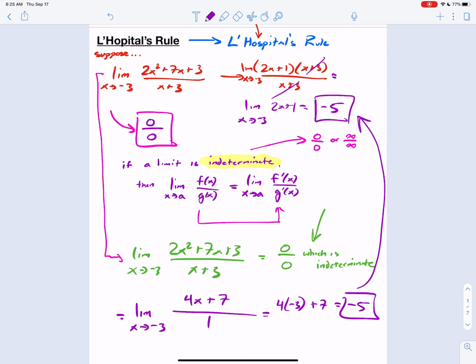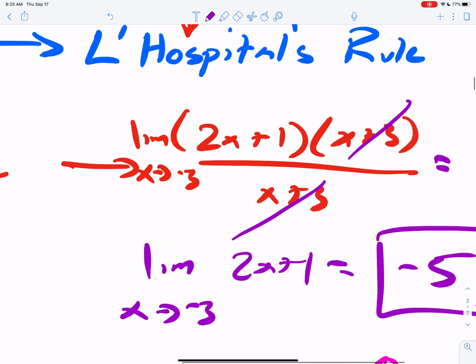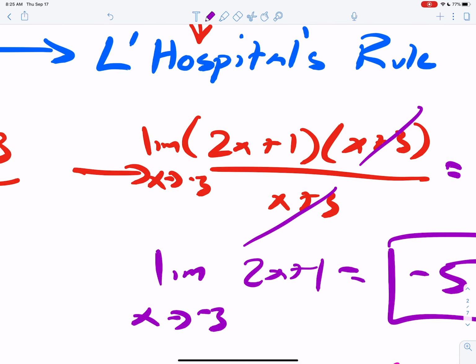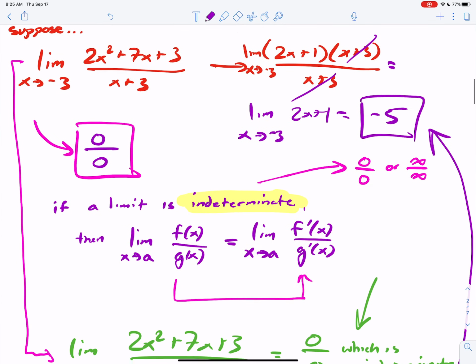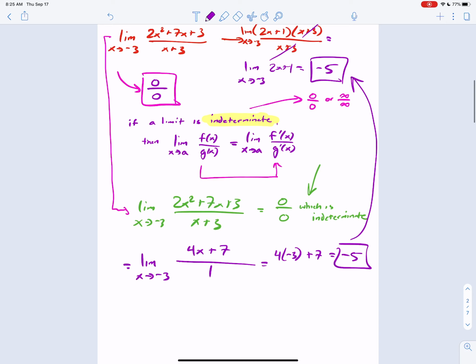Now, some of you may argue that the first way was better where we manipulated, because you guys are used to manipulating, right? So what's the purpose of L'Hopital's rule if we could just manipulate it, right? So the thing is, not all functions are easily manipulated.